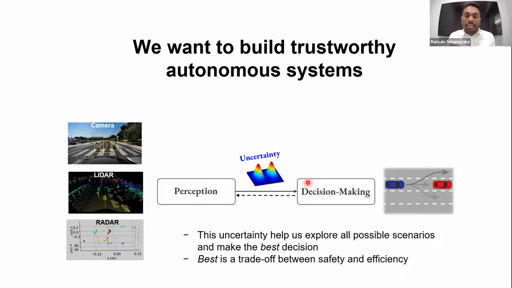So I'm not only interested in just the representation, but I'm also interested in the uncertainty at the intersection of perception and decision making. Because when we have the uncertainty, the robot can look at various possible options and then make the best decision. When I say the best, it is always a trade-off between safety, efficiency, and so many other factors.